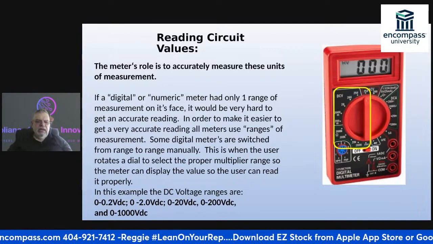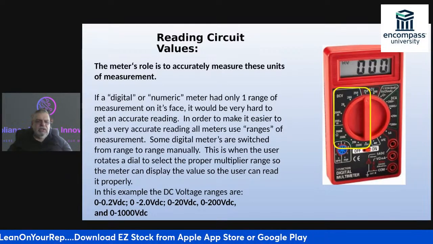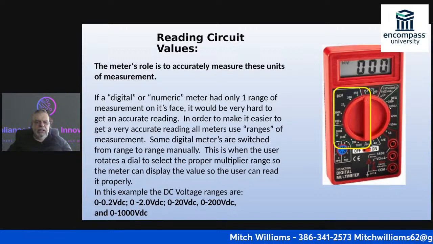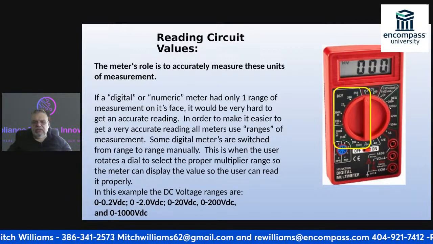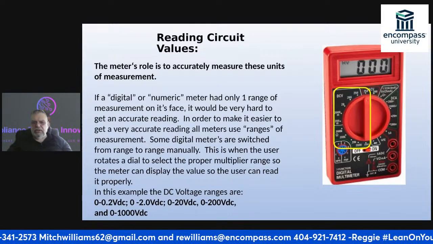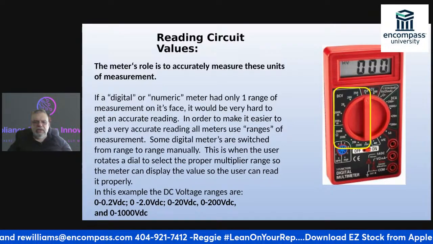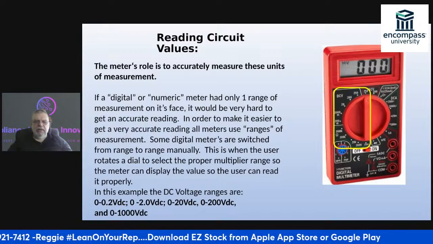In this example, the DC voltage ranges are 0 to 0.2 DC volts, 0 to 2 DC volts, 0 to 20 DC volts, 0 to 200 DC volts, and 0 to 1,000 DC volts. If you look at this one, DC volts, it shows exactly right there where it is. So I'm going to have to select that with every one of my meters.